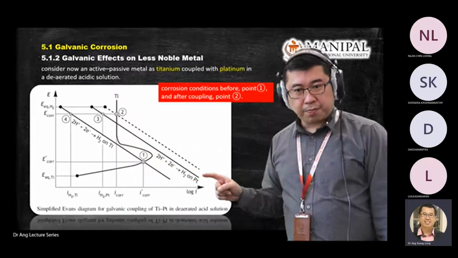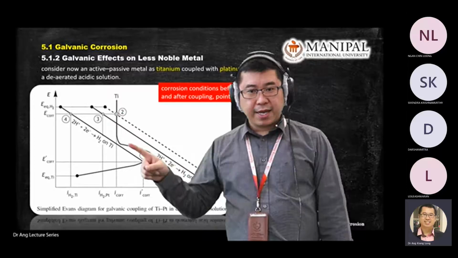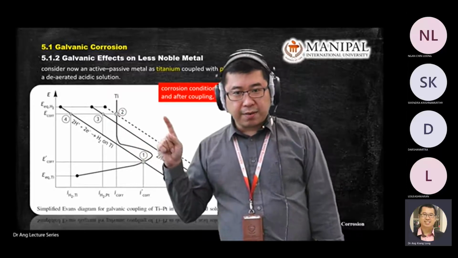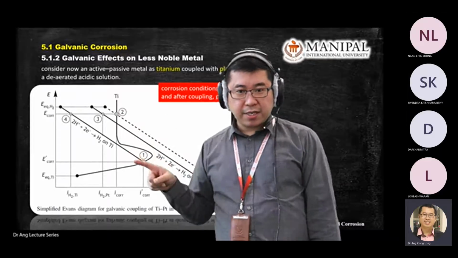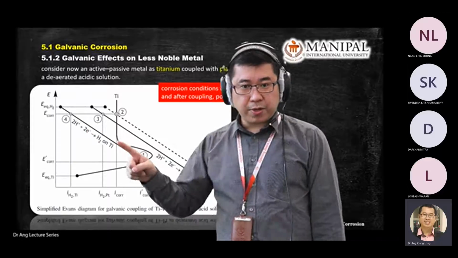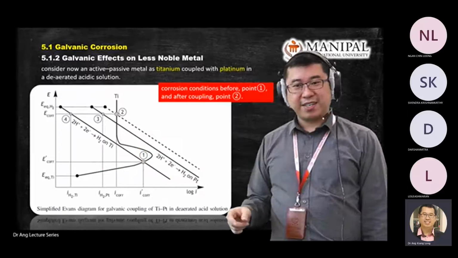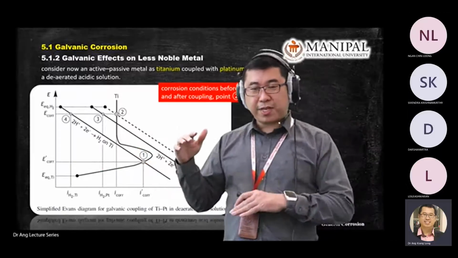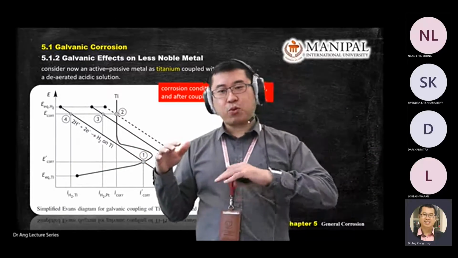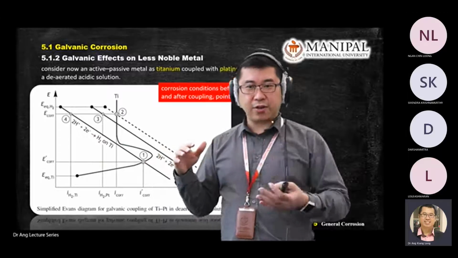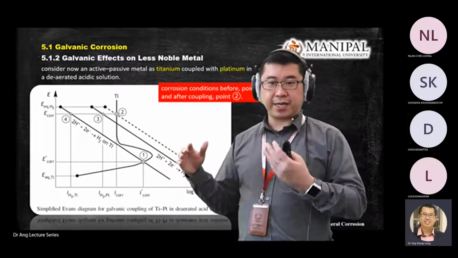So you still prepare two lines, and in this case you see the titanium here also has one more line. It means that on the graph, if you see three lines, one of them, the lower nobility one, will always have two processes, anodic and cathodic, happening at the same time.